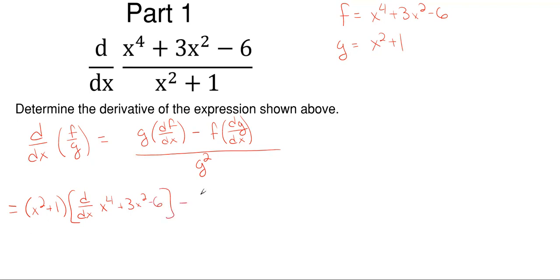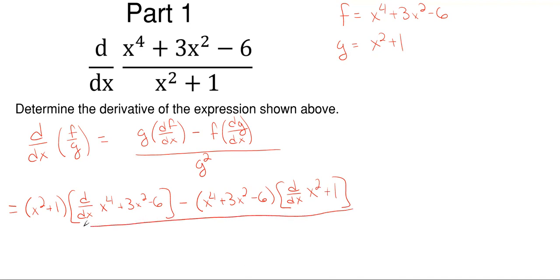And then minus all of f, which is x to the fourth plus 3x squared minus 6, all of that times the derivative with respect to x of our g equation, which is x squared plus 1. And then all of this completely divided by g squared, which is x squared plus 1 squared.